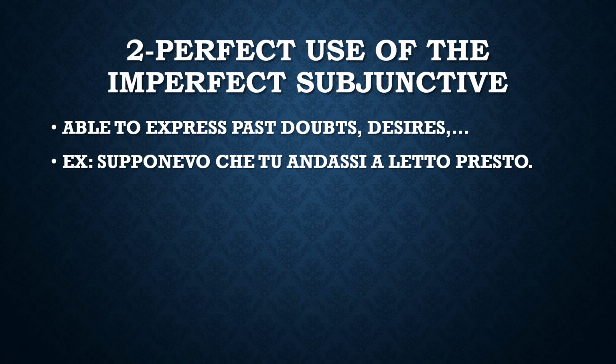So when you suppose something, it's not guaranteed. So supponevo, I suppose, is followed by the subjunctive in you were going to bed. Since it wasn't guaranteed, you needed to put to go in the subjunctive. So yeah.